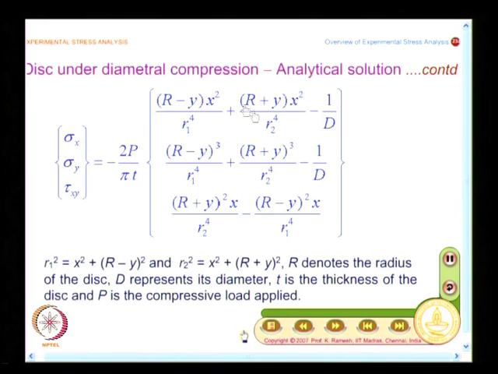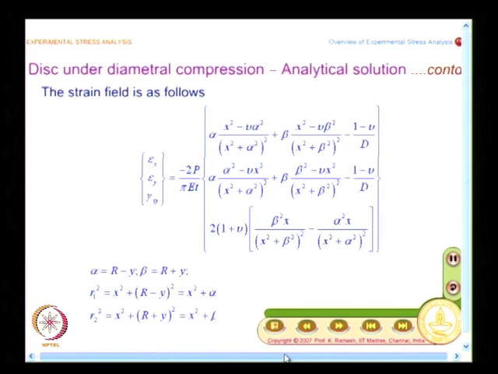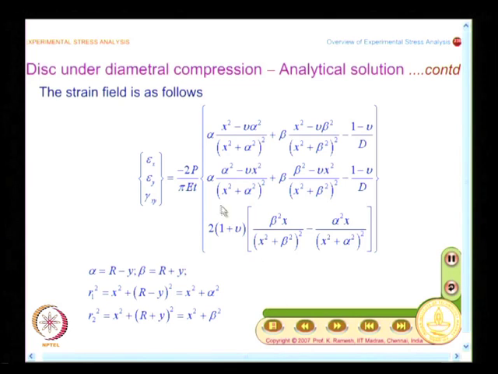When stress field is so complex, strain field is going to be much more complex than this, and this is how the expression looks like. And I have epsilon x, epsilon y, gamma x y, that is equal to minus 2 P by pi E t. And here again I would like you to take down the notes of these expressions.